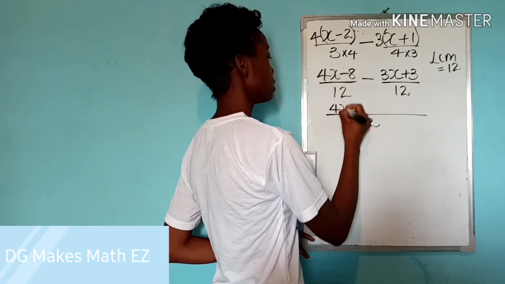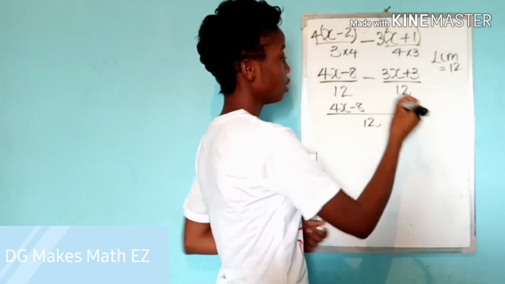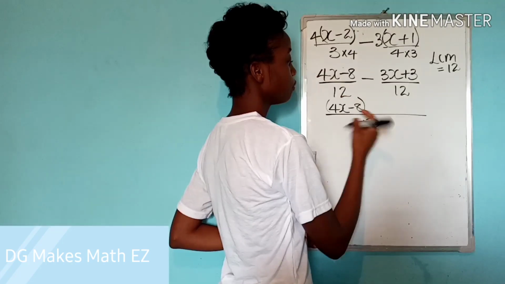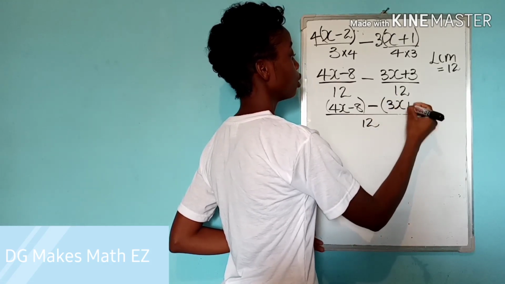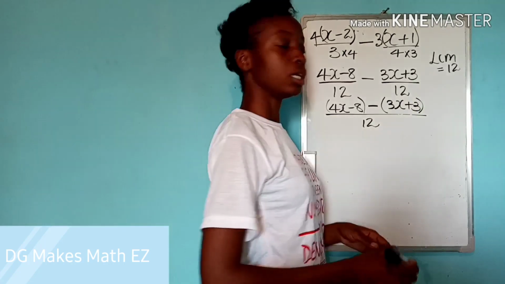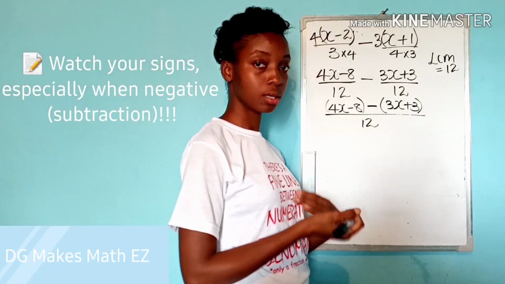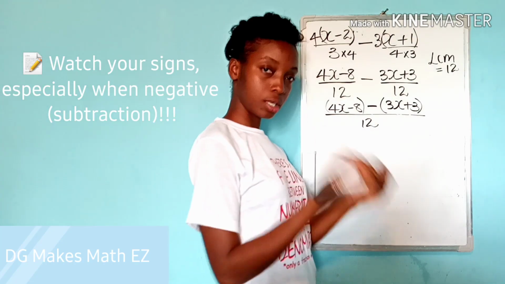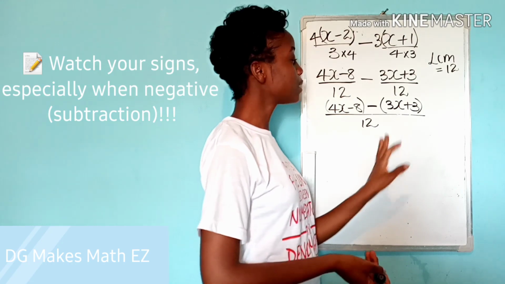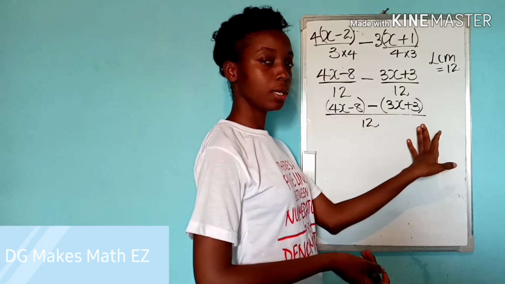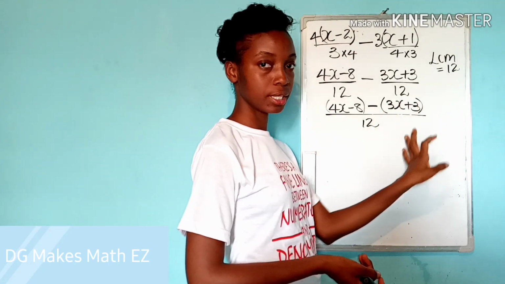4x minus 8. And this is where we pay keen attention. From all of that, we are subtracting 3x plus 3. Now, once you have a minus sign here, especially if you are not a negative sign lover, get nervous. Don't get nervous. All right, so you are going to be distributing that negative sign with whatever is inside the bracket.